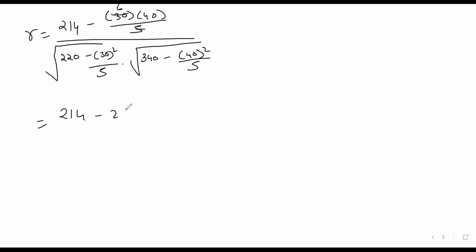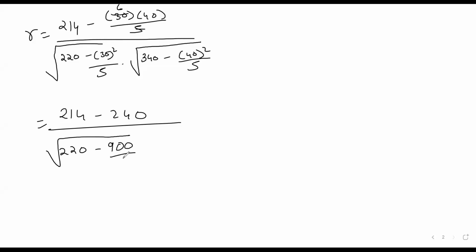This is 214 minus 240 upon under root 220 minus 30 चा स्क्वेअर 900 upon 5, whole thing into 340 minus 1600 upon 5. This is 180. 180 minus 220. This will be 40.